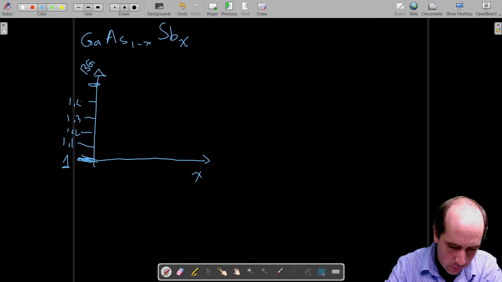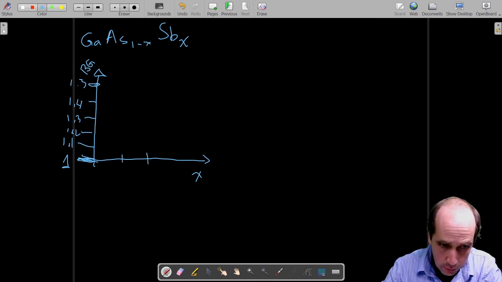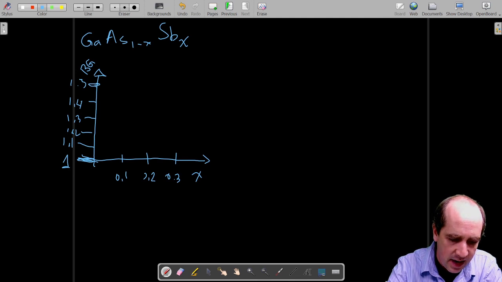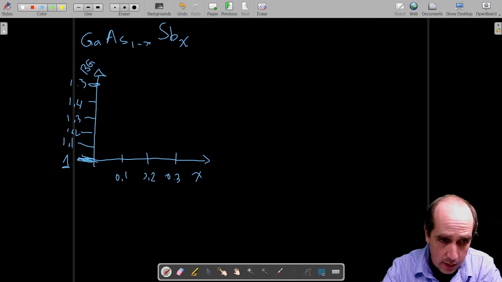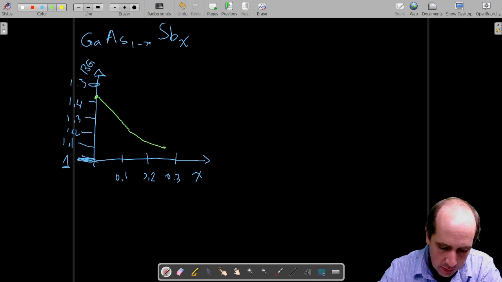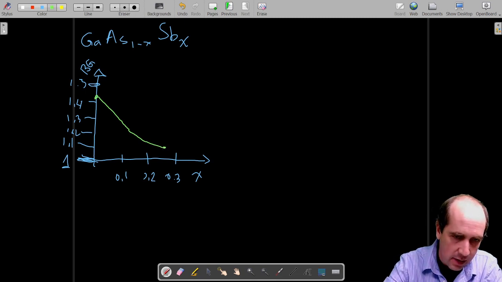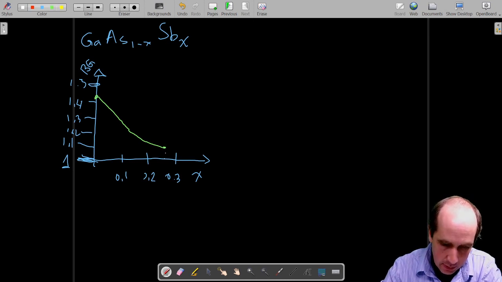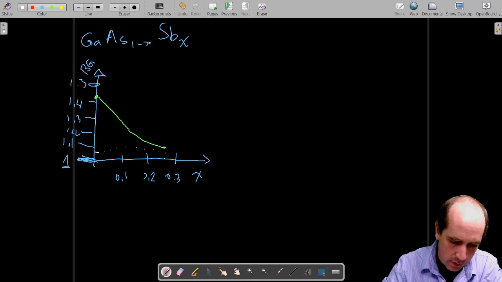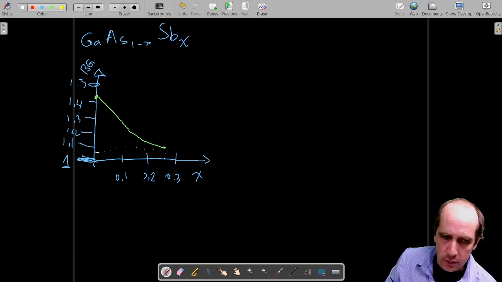And we put 0.1, 0.2, 0.3. In this case, we start at 1.42, which is gallium arsenide, and as we increase the alloy fraction, the band gap starts going down, and somewhere around here between 0.2 and 0.3, the semiconductor stops being direct band gap, and this is somewhere in between 1 and 1.1 electron volts in band gap.